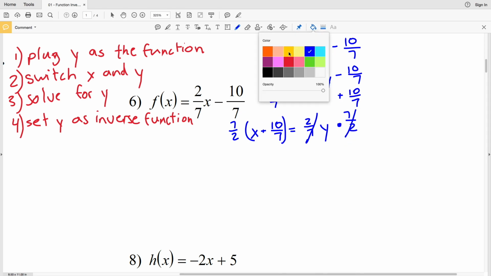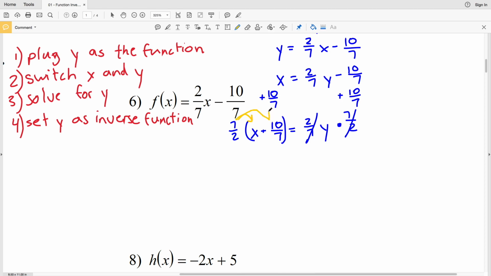And now I'll distribute my 7/2 to the x and the 10/7. 7/2 times x is 7/2 x plus 7/2 times 10/7. Our 7s will cancel out to leave me with 10 over 2, which equals a positive 5. And that is all equal to y.